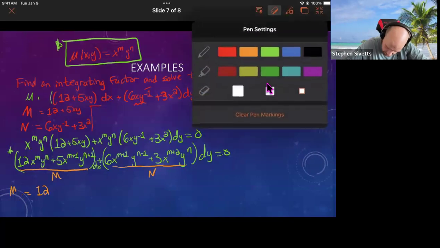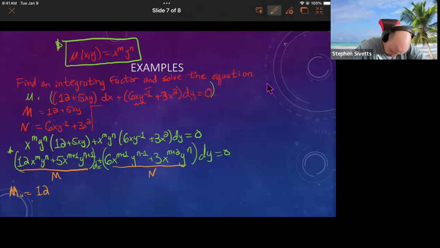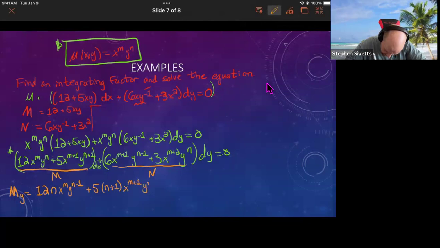The partial of M with respect to y is 12 times n x^m y^(n-1) plus 5 times (n plus 1) x^(m+1) y^n. And then the partial of N with respect to x has to equal 6 times (m plus 1).